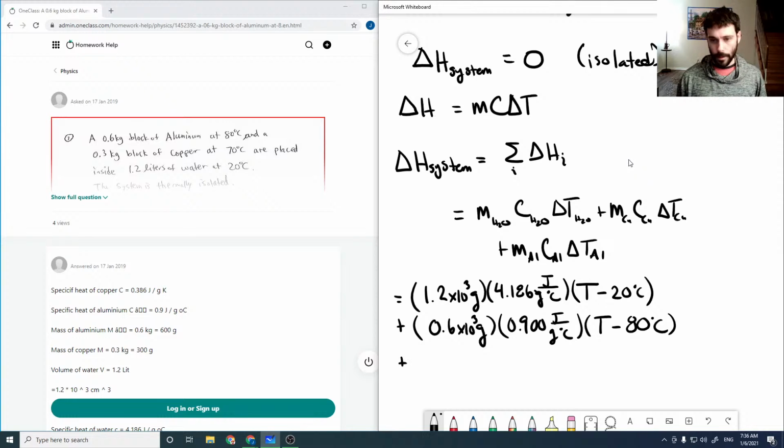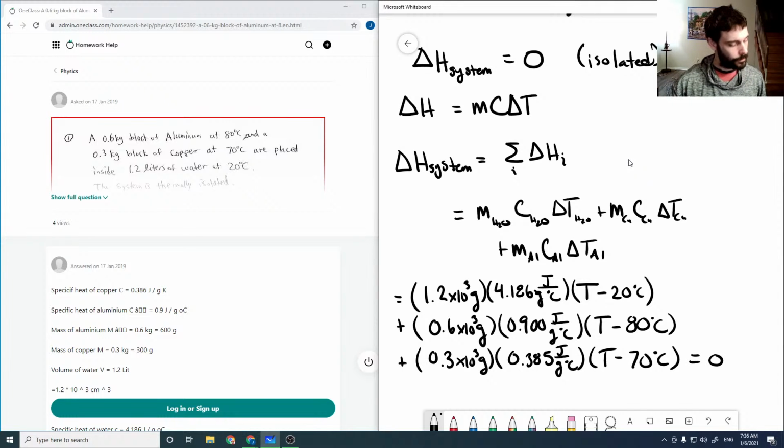And our aluminum, okay, and the T here is always our final temperature. And so then all of this equals 0.